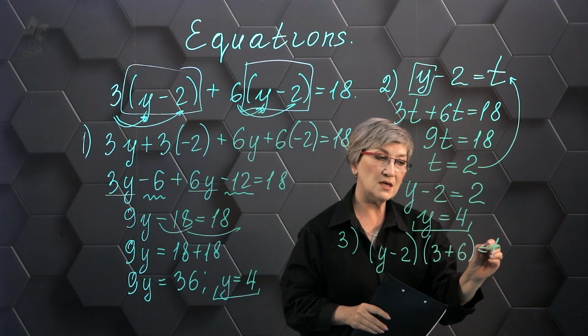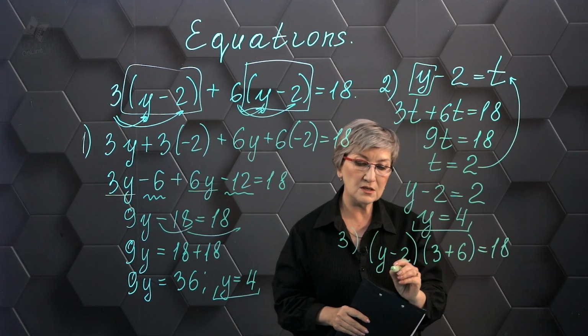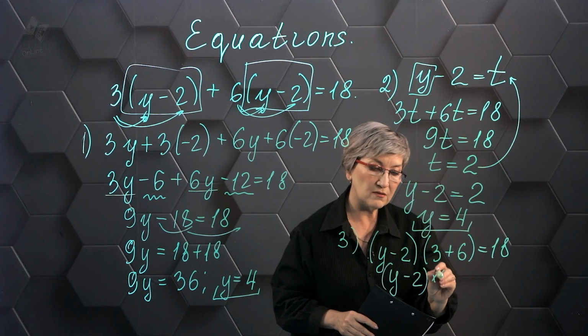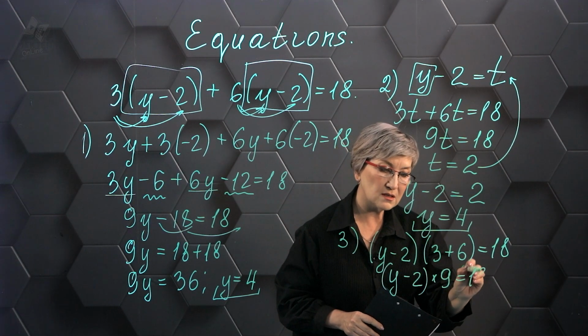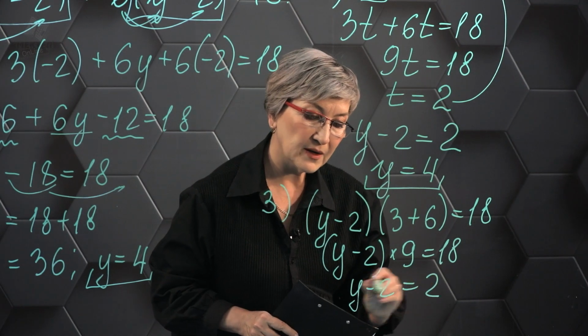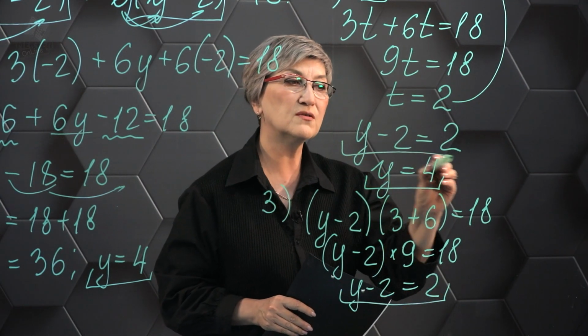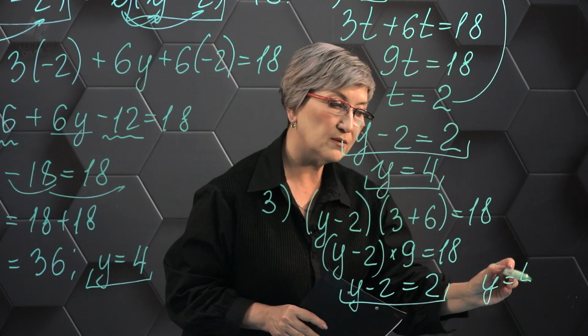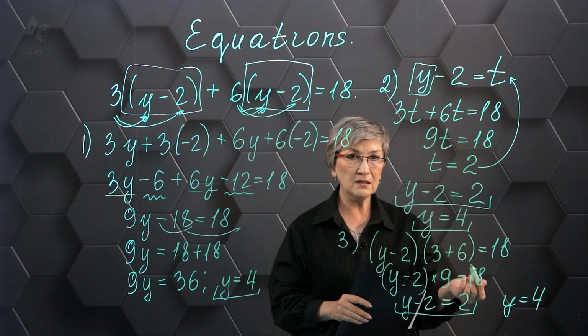And this product equals 18. And you can see that y minus 2 multiplied by 9 equals 18. And in this case, y minus 2 equals 2. And we've already solved this equation. And the result is also y equals 4.